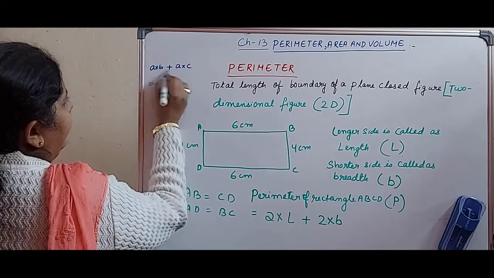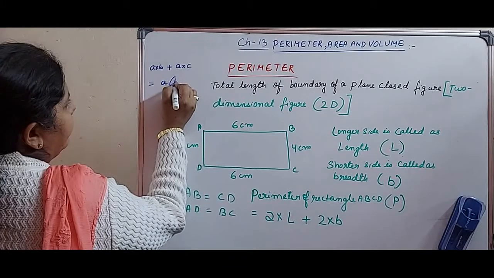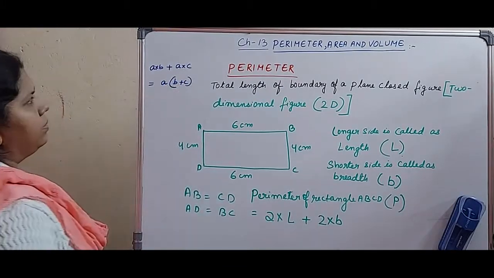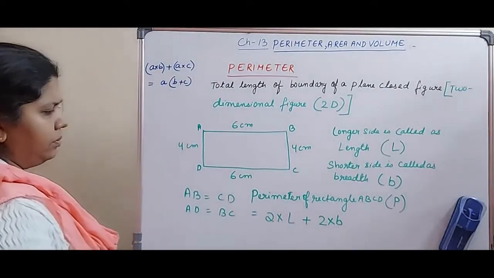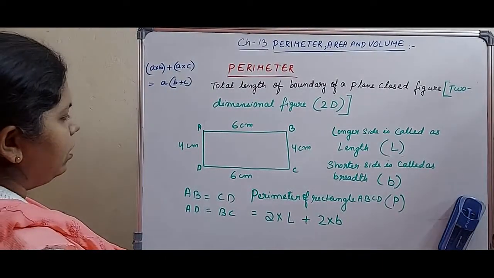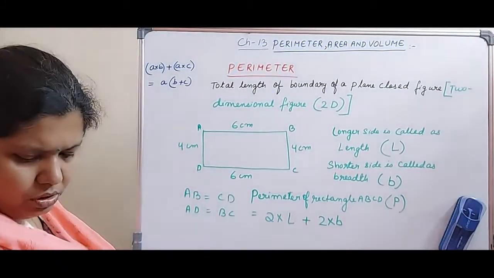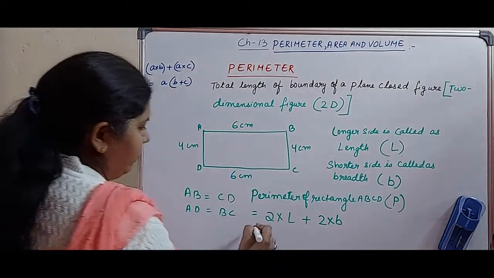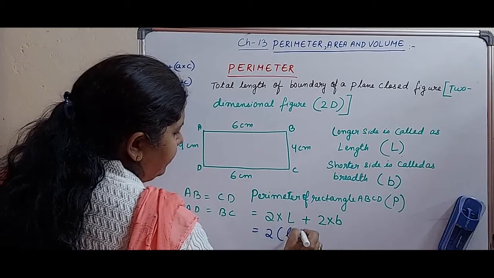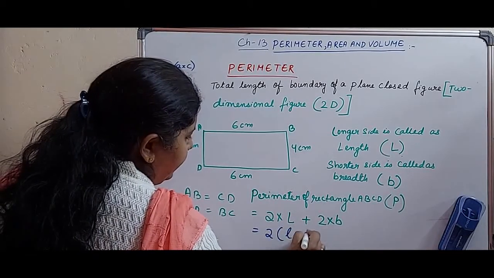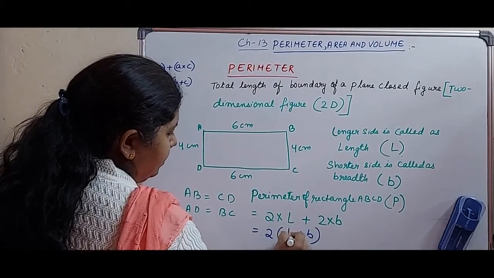We can take A as common and write inside the bracket B plus C. This is your distributive law. So here also, instead of A, we have 2 common. Yes or no? So we will take 2 common here and inside the bracket we will write L plus B.